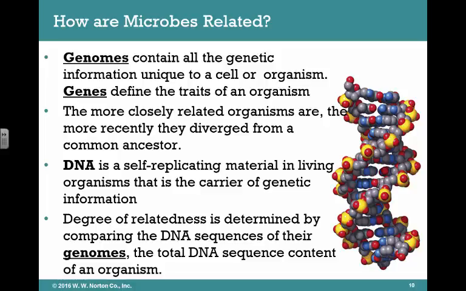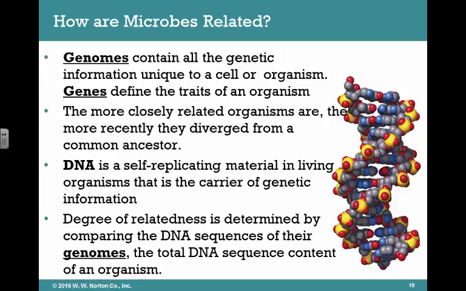Genes are a portion of that genome, a portion of that DNA that carries a specific trait of an organism. We can actually study DNA, its sequence, the sequence of bases here in the middle of this double helix. The gray and the blue and the red here in the center of the double helix are the bases, and there's a certain sequence to them: the adenines, guanines, cytosines, and thymines.